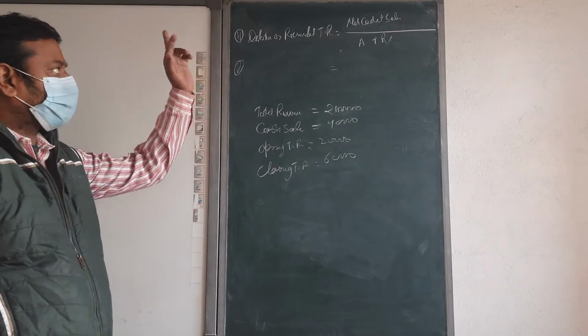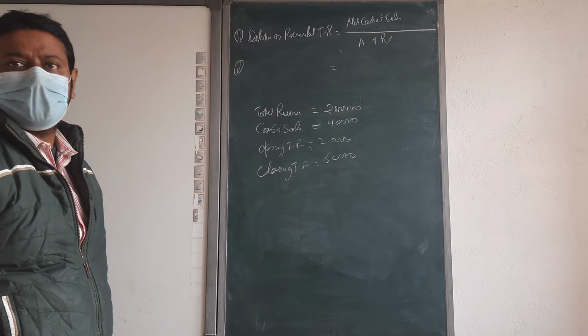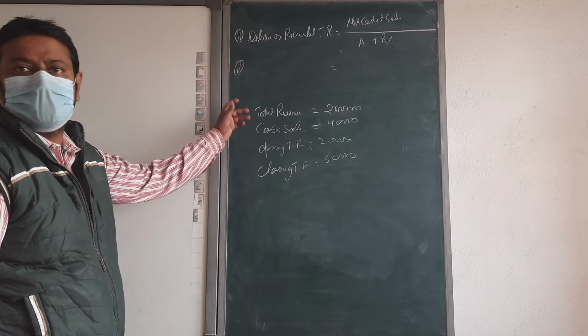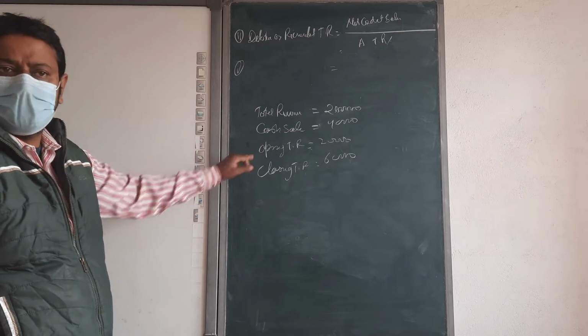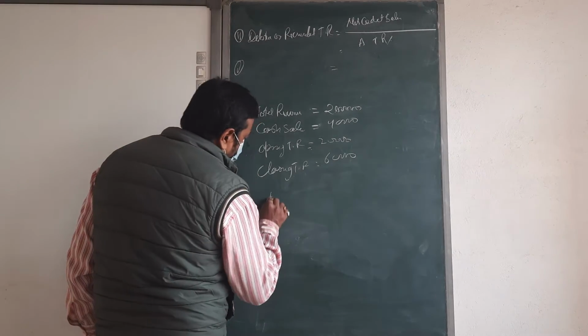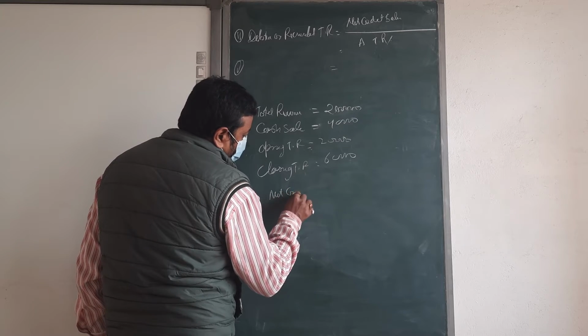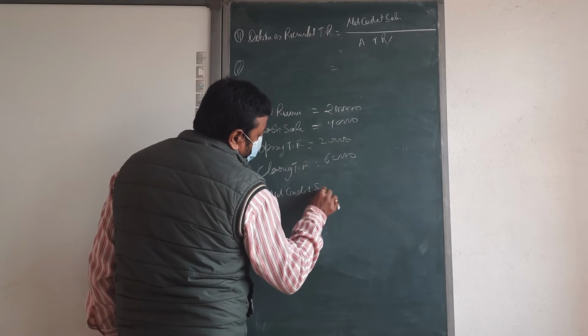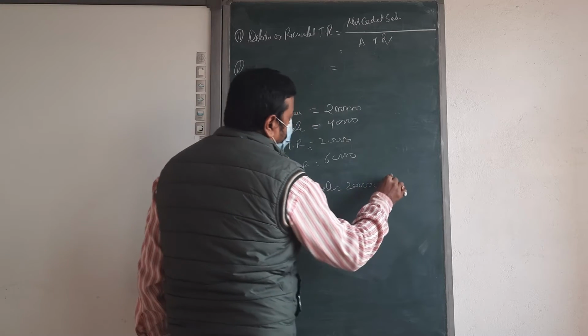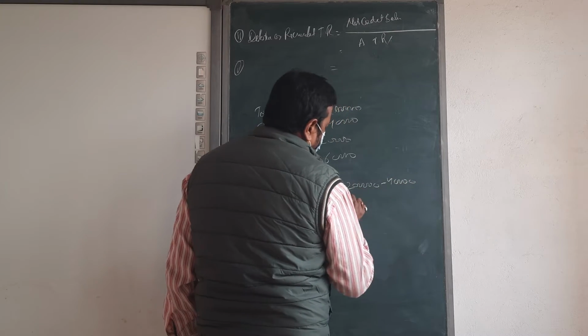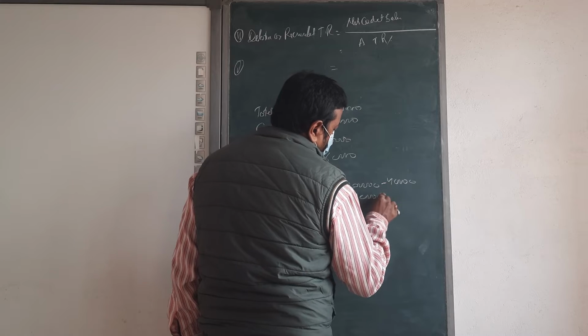How to calculate the credit sales or net credit sales? Just total revenue, total sale, less cash sale. Net credit sales is equal to 2 lakh minus 40,000. What amount is coming? 1,60,000.